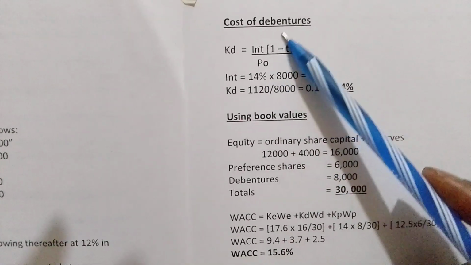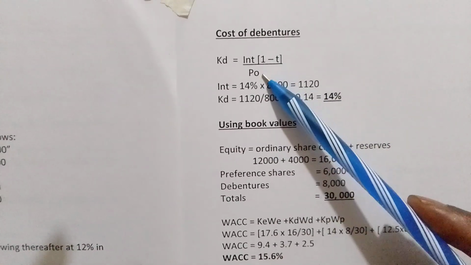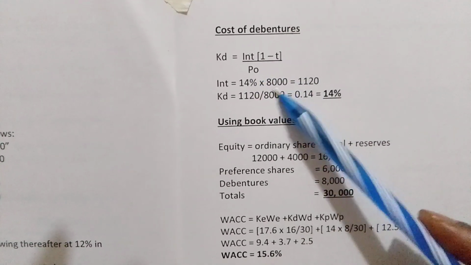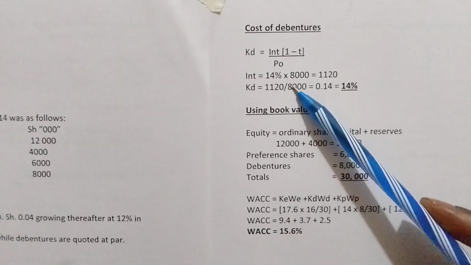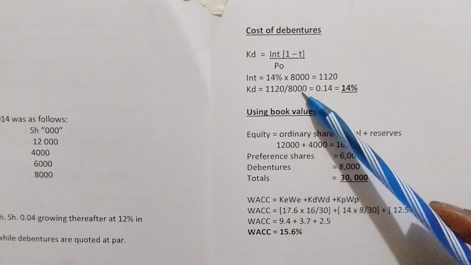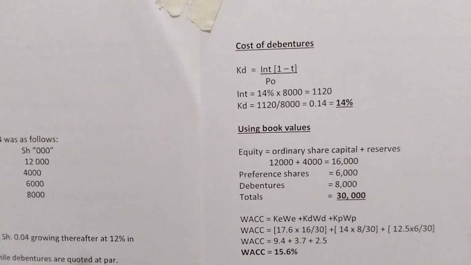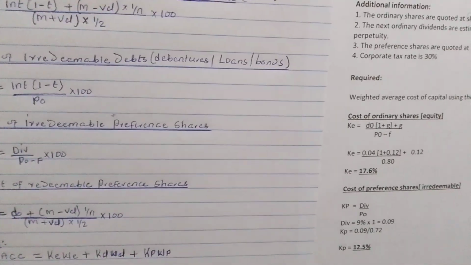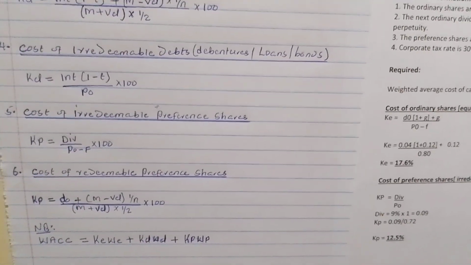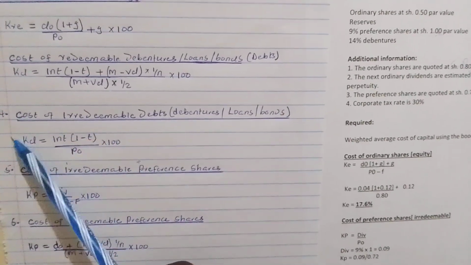KD now is interest 1120 over P naught. They are selling at how much? 8,000. Since you have been told that debentures are quoted at par, in the market they are selling at 8,000, times 100, you get 14%. And that 14% is your KD, the cost of debt. So we have gone for this formula here, cost of debt.